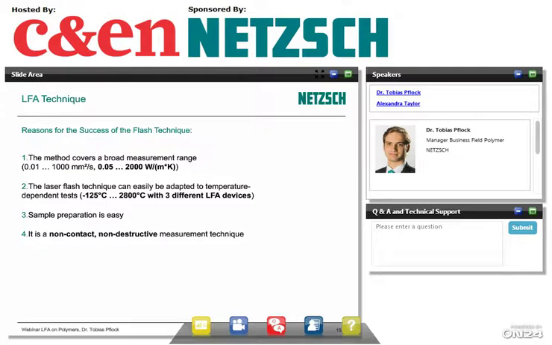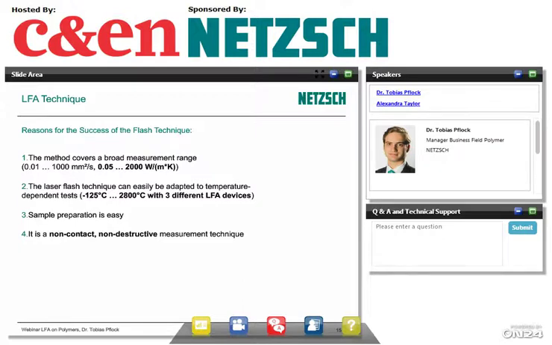Third, it's a non-contact and non-destructive measurement technique. That plays a very important role if I look at conductivity: I do not have to care about contact resistance or anything, because the laser or the light flash is the only thing that contacts my samples. Otherwise, I have a support to hold the sample, of course, but I will not interfere with the sample itself.